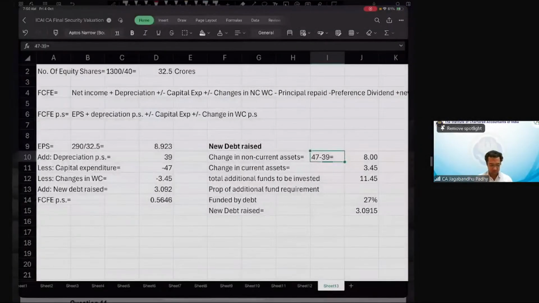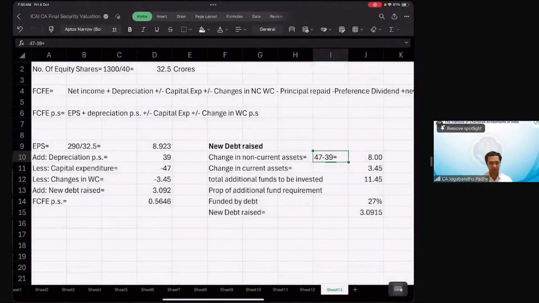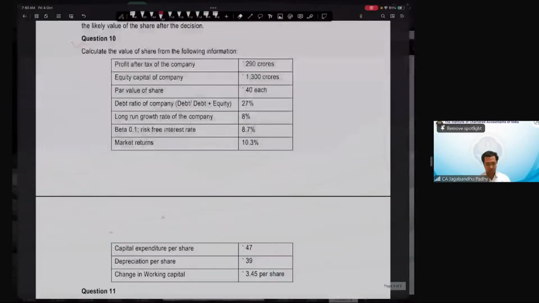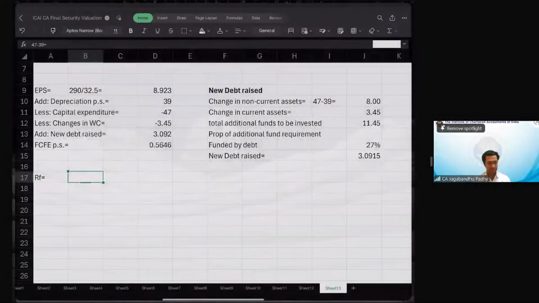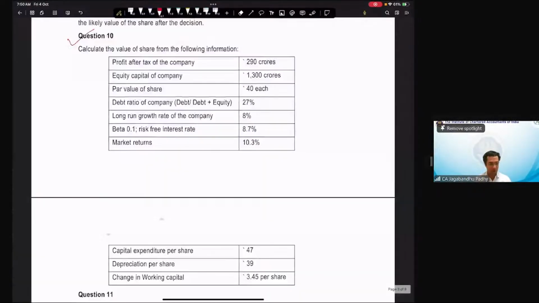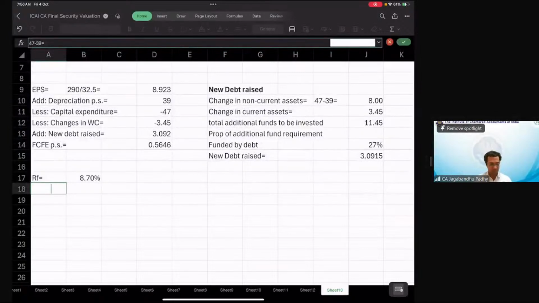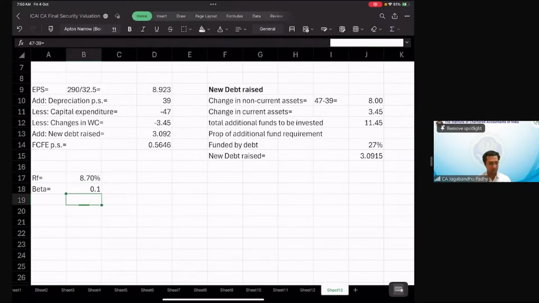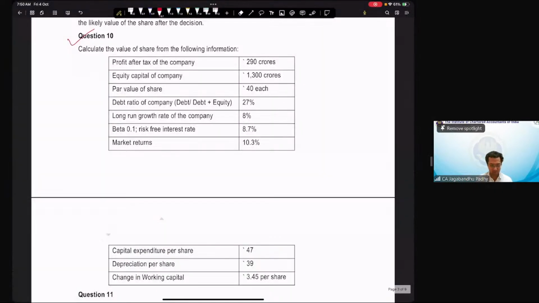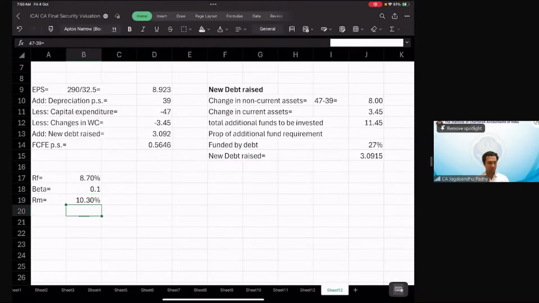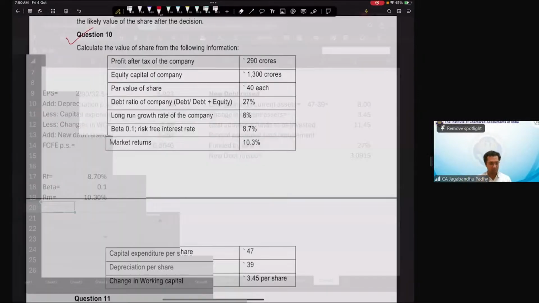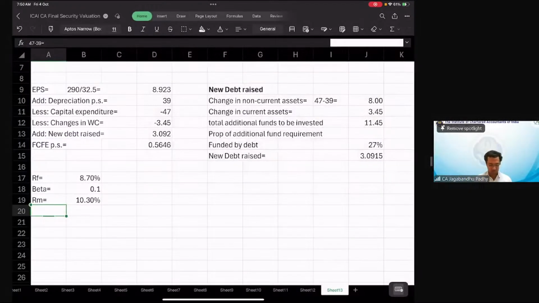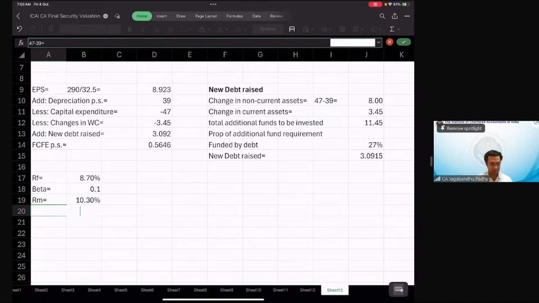So we have risk-free rate given to us. Risk-free rate is 8.7%. Then we have beta of 0.1. Then the market rate of return is 10.3%. So now we have to get the KE using CAPM.